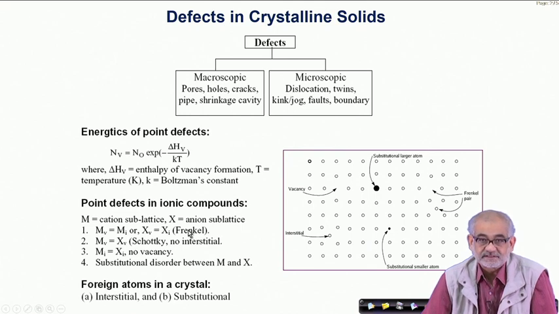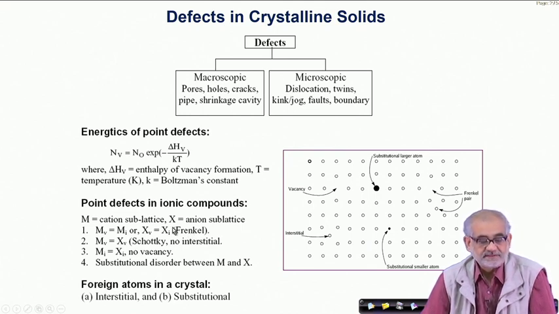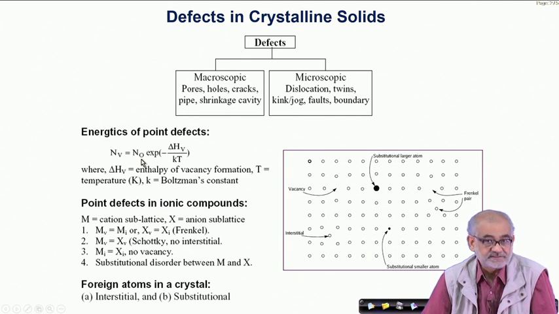But that's unlikely. And nature actually dictates that if you have a certain amount of vacancies in a given lattice, then there is a possibility of introducing randomness, and that's how you can increase the entropy.